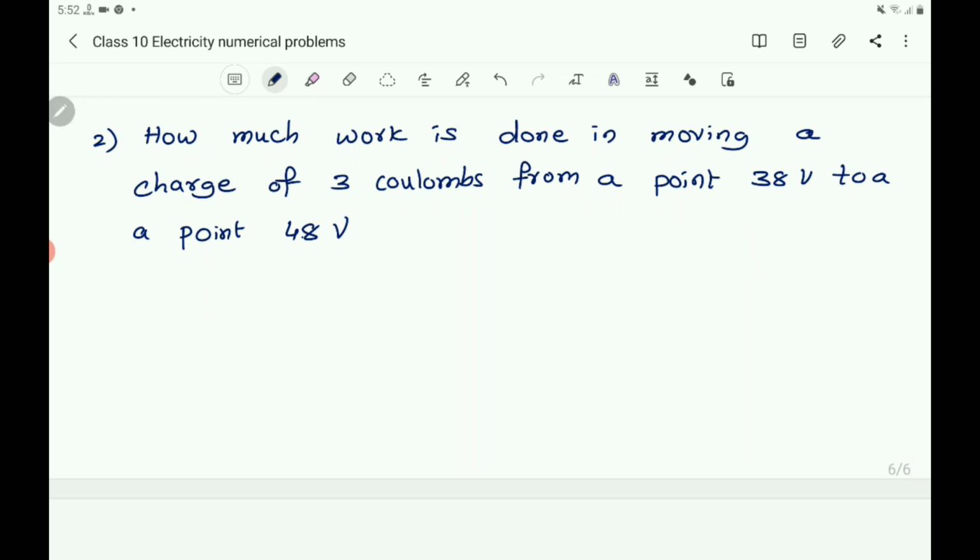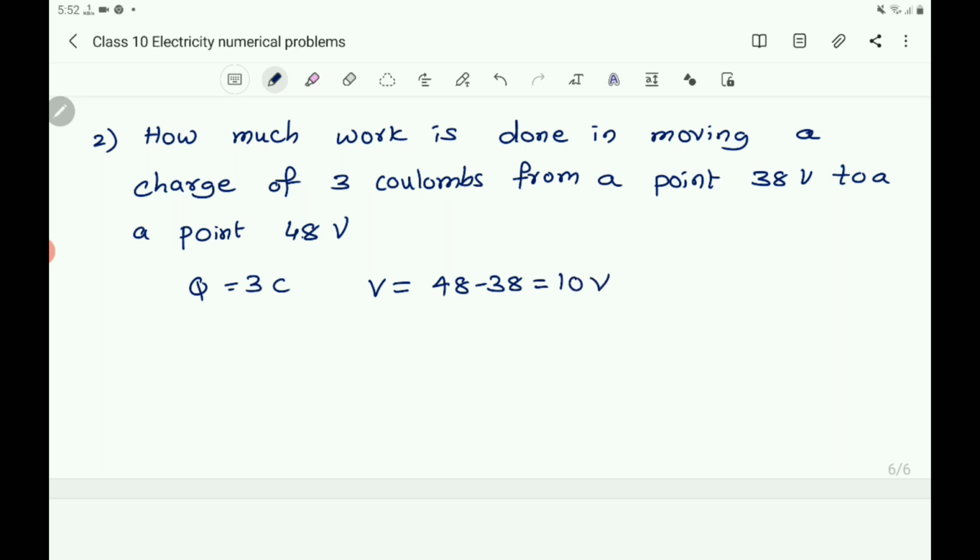So you write Q equals 3C. And potential difference V equals 48 minus 38, that equals 10 volts.